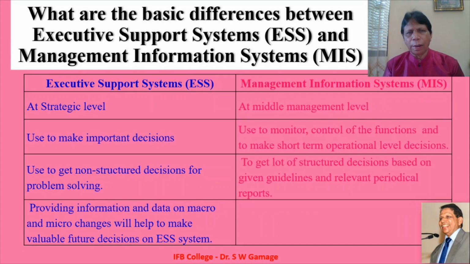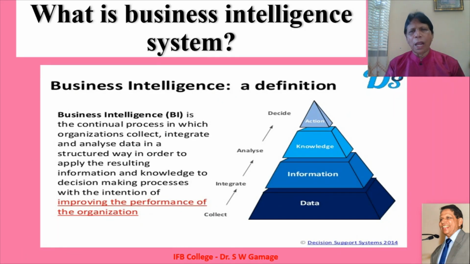Now, in this diagram, you can understand the difference between executive support system and management information system. Now, in the syllabus, you find this one also, business intelligence. In the syllabus, this is a new area. The business intelligence system is being developed nowadays in a lot of business organizations.